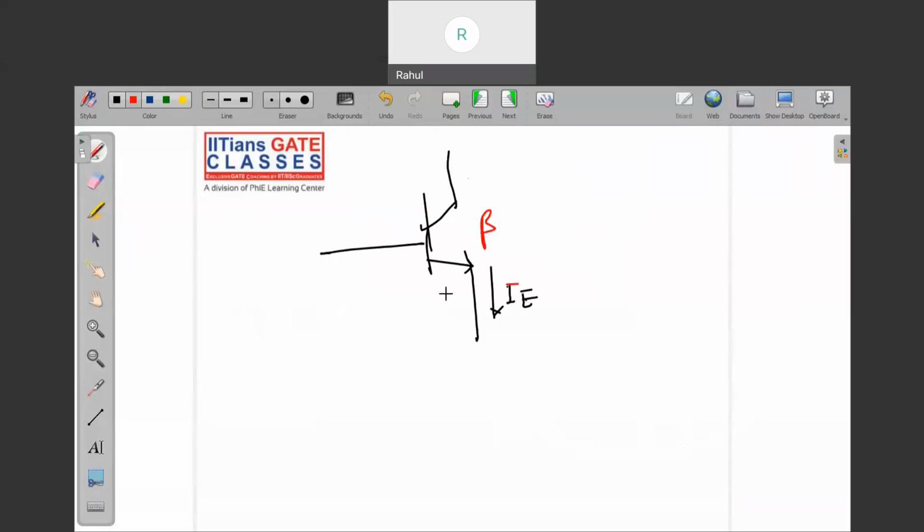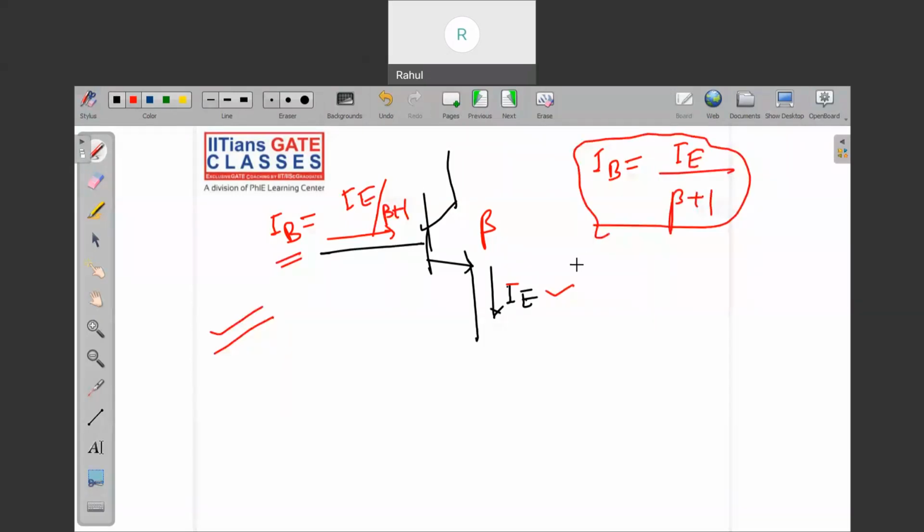Then IB will be IE by beta plus 1. This you have to keep in mind. And these are equations for when the transistor is in the saturation region. These are very important points which I am telling you.